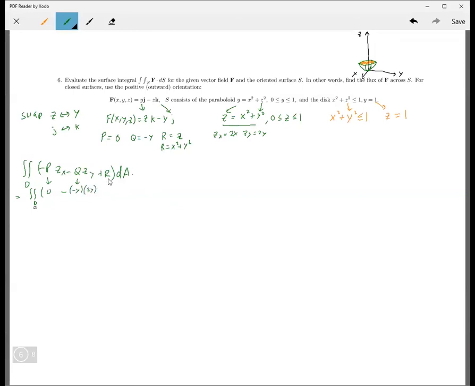And then R is x squared plus y squared. Okay, now, but this one, oh dang, now I'm really confused.